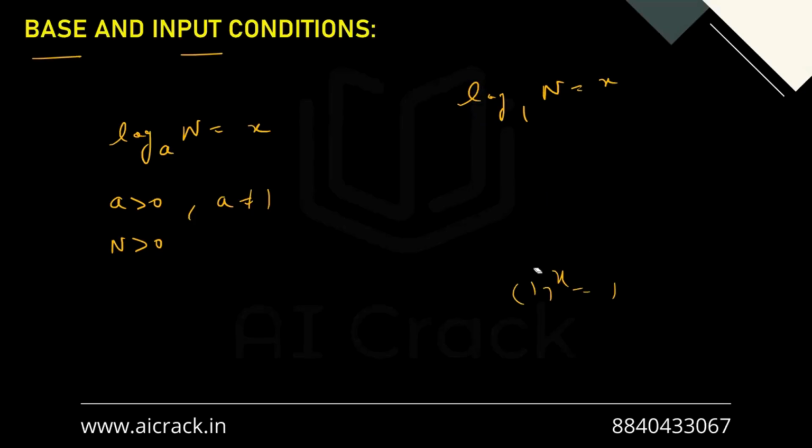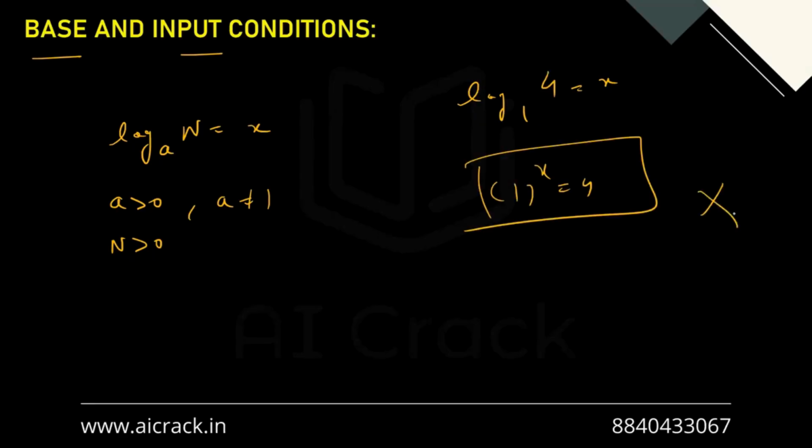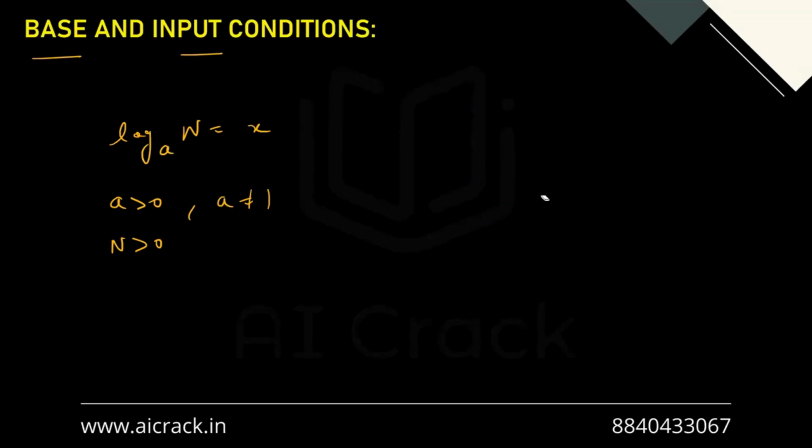In other terms, let's say n is 4. Then 1 raised to the power x equals 4, that is not possible. If we have base as 1, we cannot define log for any other number. We can define log just for 1 and nothing else. So this definition is also inconsistent. That's why a is not equal to 1.